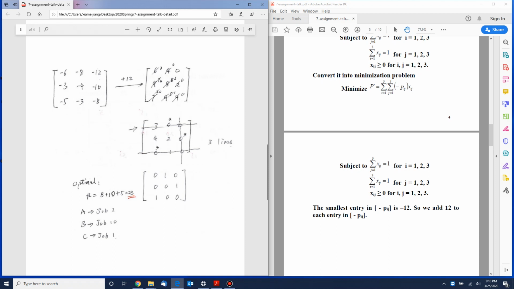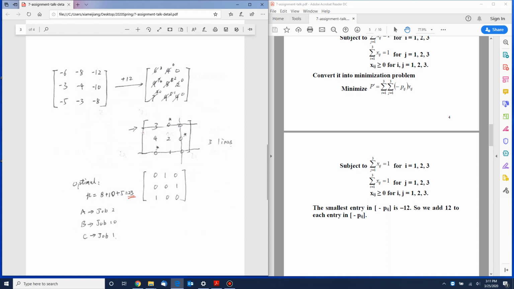So then we do the column subtraction, so the first column's smallest number is 3. So 6 minus 3 is 3, and 7 minus 3 is 4, and 3 minus 3 is 0. And then we work on the second column again, and then we got the matrix 3, 0, 4, 2, 0, 0, 1, 0.